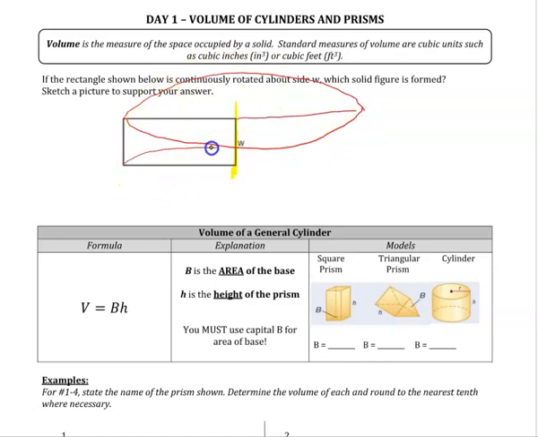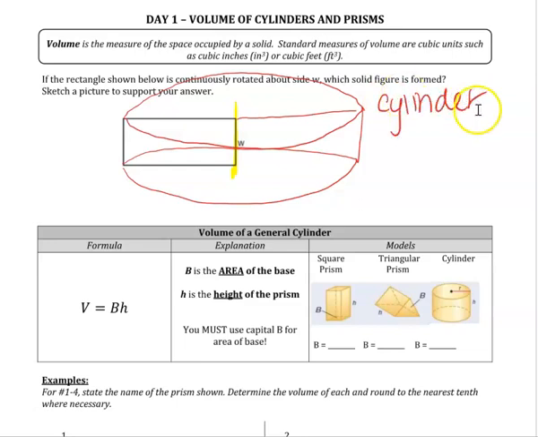Likewise, the same thing would happen at the bottom. So it'd look something like that. By taking a rectangle and rotating it around W, we have created a cylinder.